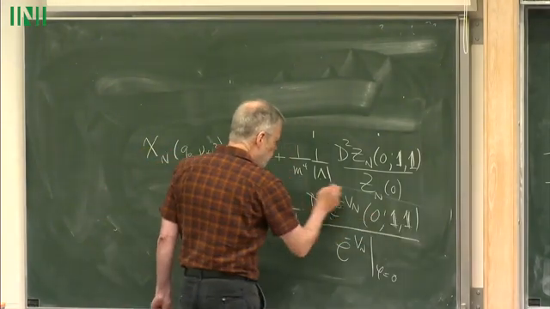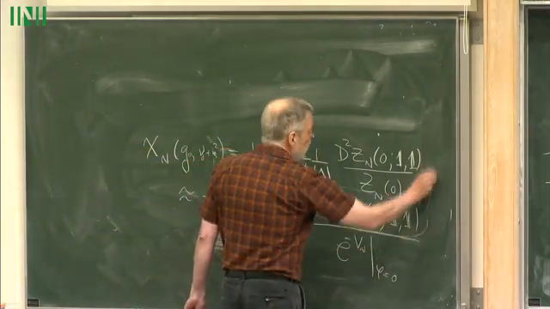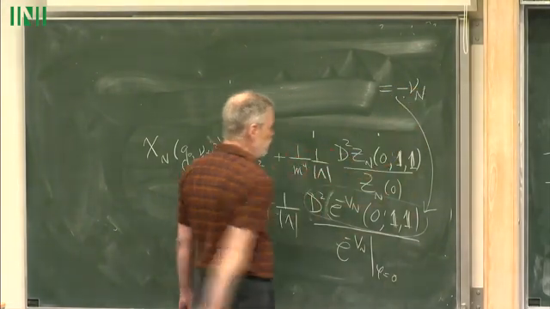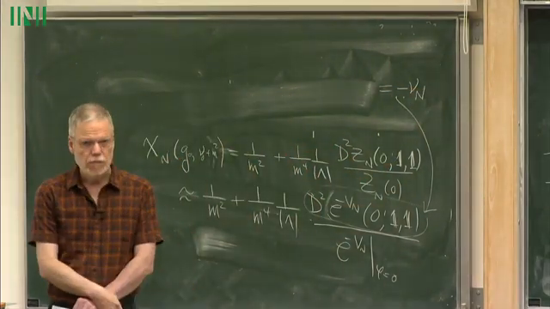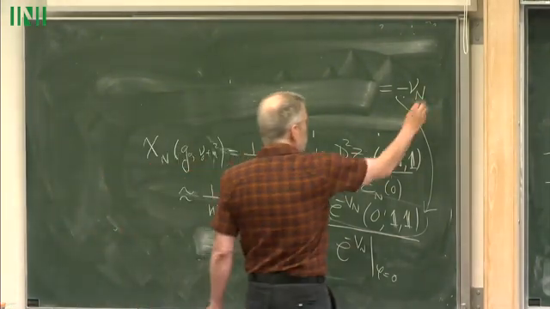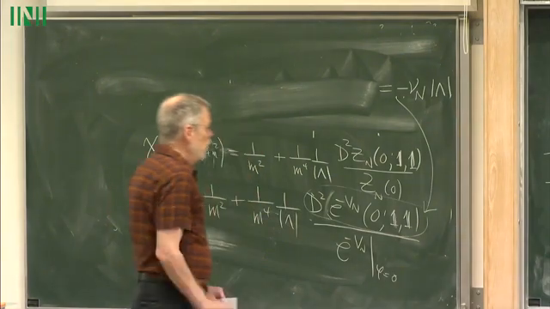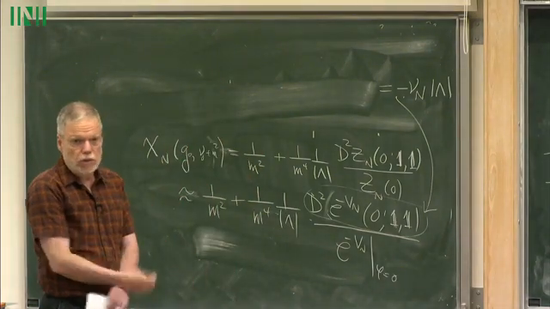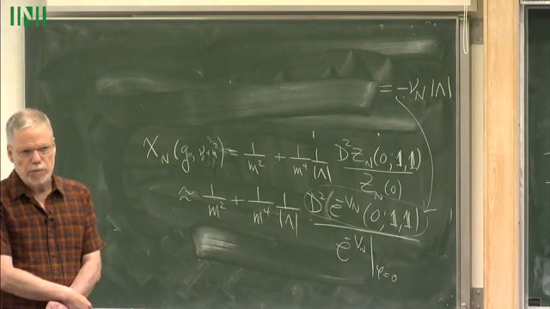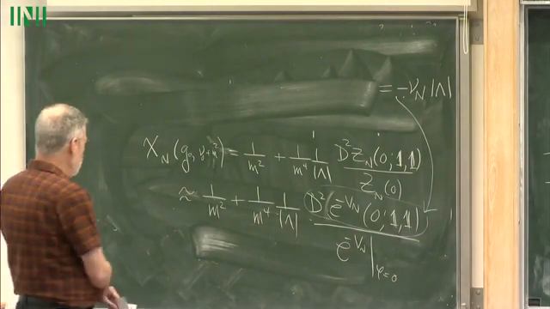You just calculate it, and it's equal to minus nu_n times lambda. Actually, that's important. It cancels the lambda that's down below. All right, so it's just a calculation. You're just differentiating the exponential of a polynomial with respect to the field, and so that's that.